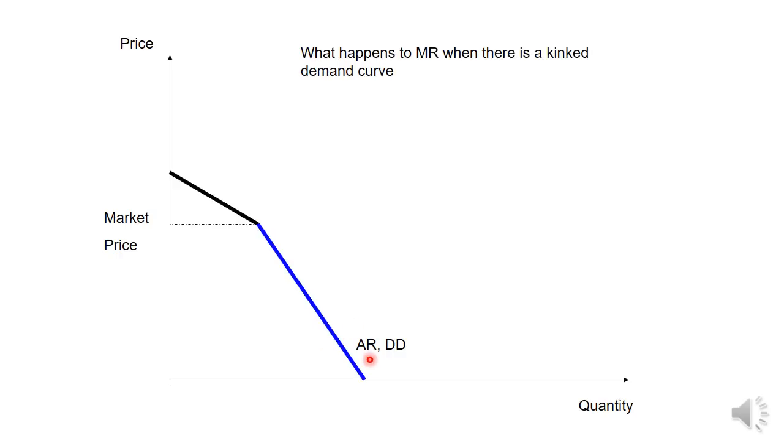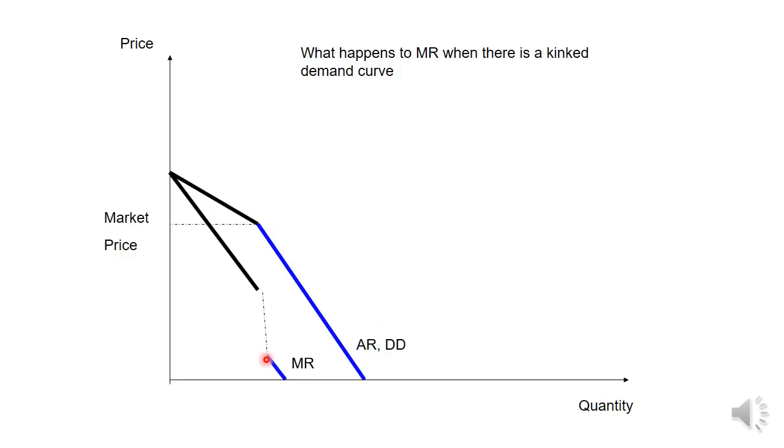Now, with this kind of demand curve, the MR will look very different. Imagine that each part has its own MR. The elastic portion has its own MR this way. It stops here because this is where the AR stops. This black line is the MR for the elastic portion of the demand curve.